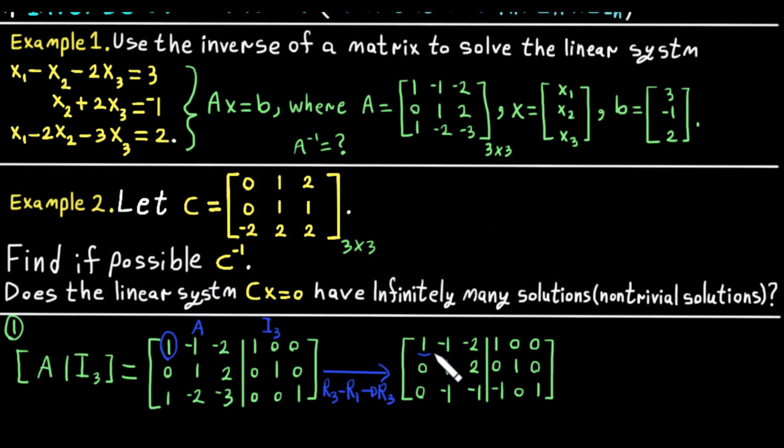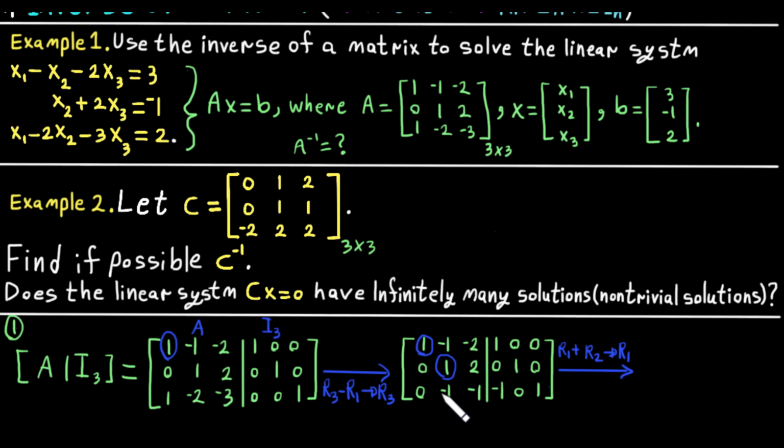So here we have a leading 1, and here we have 1, and we have to make the rest of this column 0. To make this number 0 and this number 0, we have to add this row with this row, and here we have to add this row with this row. So row 1 plus row 2 in row 1, and the same thing here.